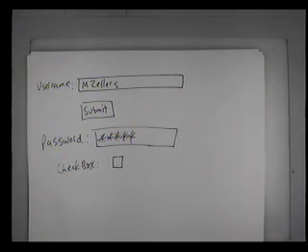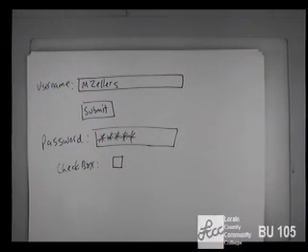So, part of designing a form is coming up with the right form controls. Some of them are obvious, some of them are maybe not so obvious, and some of them you might actually have a couple different options on how to do it, and really it depends on other issues.